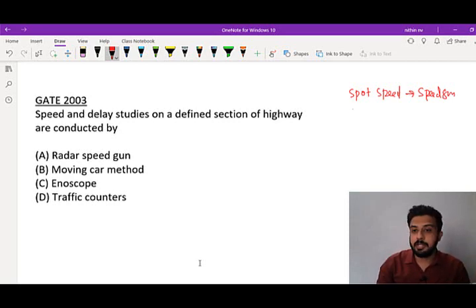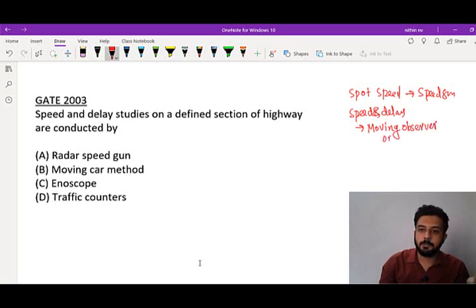Whenever we want to calculate speed and delay, that is, what delay is happening in between, what method are we going to use? We are going to use the moving observer method. There are so many names for this method. The moving observer method is also called the moving car method, and also the floating car method. There are so many names like this.